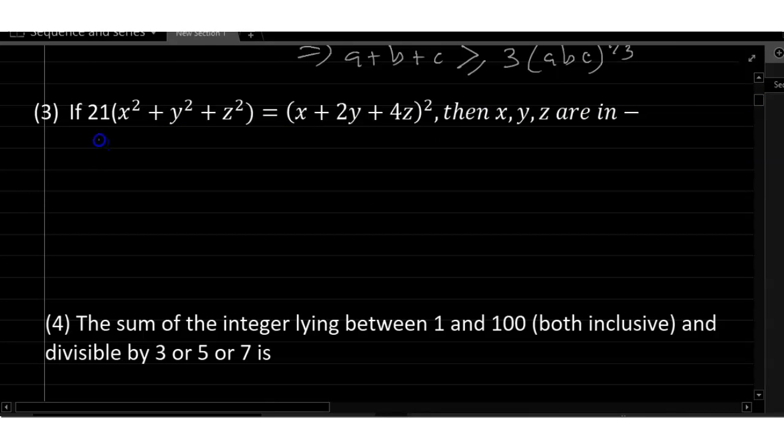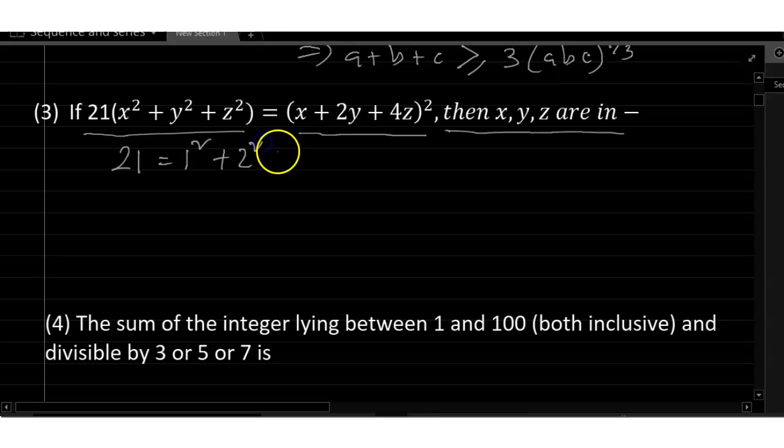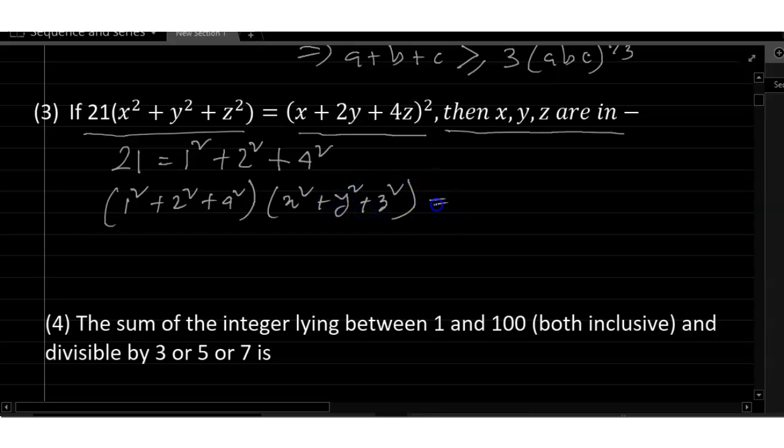Next problem: 21 (x square plus y square plus z square) equals (x plus 2y plus 4z) whole square, then x, y, z are in what? So 21 can be written as 1 square plus 2 square plus 4 square. So 1 square plus 2 square plus 4 square into (x square plus y square plus z square) equals (x plus 2y plus 4z) whole square.